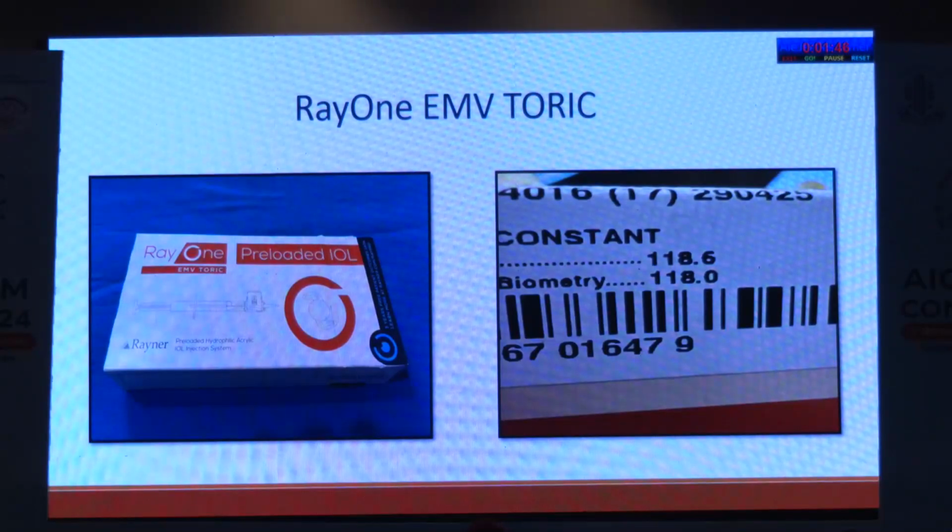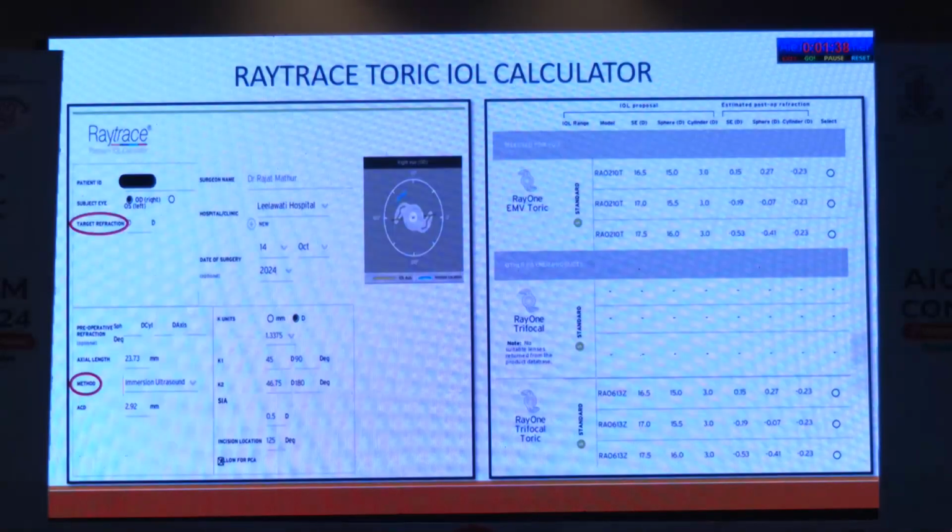This is the box of the preloaded EMV Toric, and you can rightly see the biometry, the A constant is 118.6 and 118.0. But when you go to the ray trace Toric calculator, there is no mention of the biometry method, so you can easily put the method which you are using.